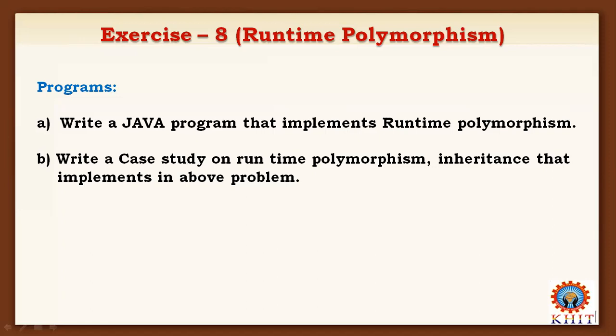In part A, what program you have taken as an example to implement this runtime polymorphism, what inheritance it is, how this polymorphism can be achieved, and what the concept is. Everything you have to submit in the form of a case study.